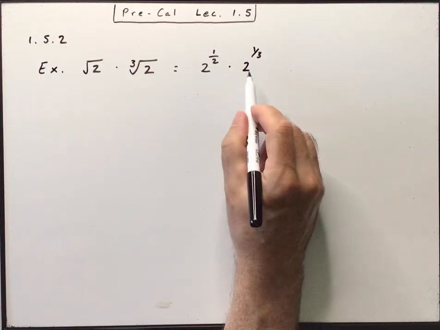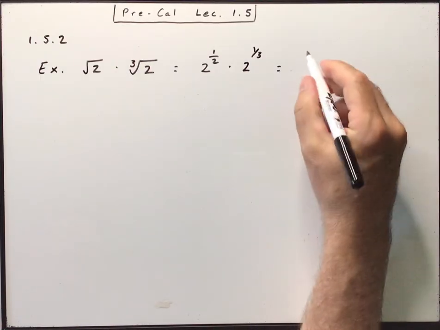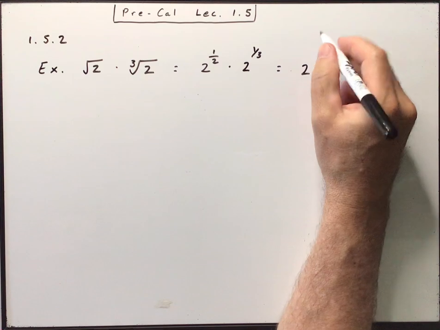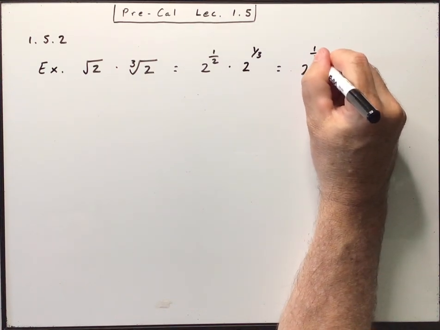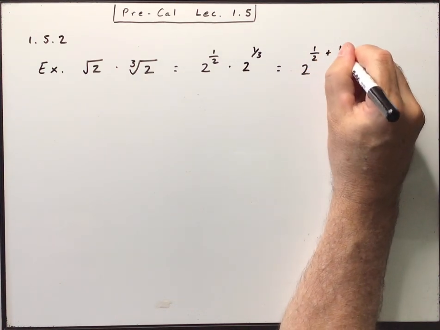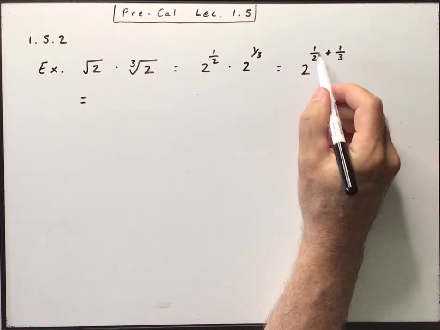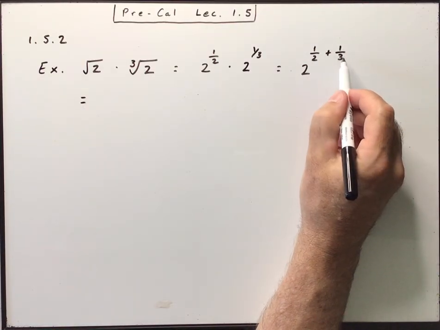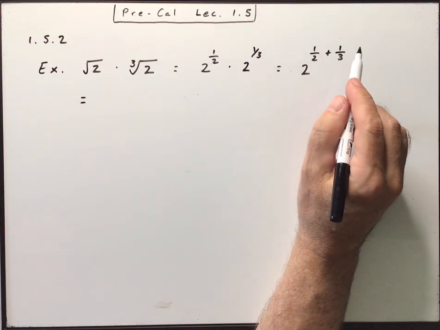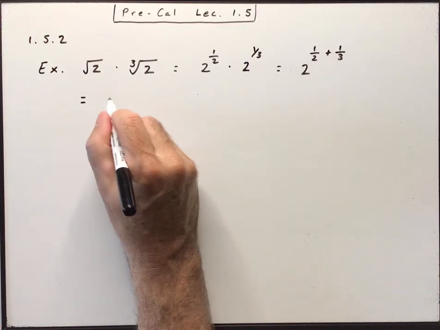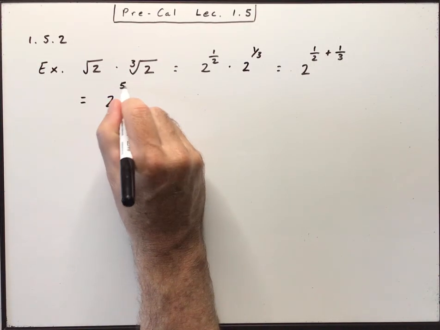Well, when you have the same base, what you do is you add the exponents when you multiply. So it'd be 1/2 plus 1/3. If you get a common denominator of 6, you would be at 2 to the 5/6 power.